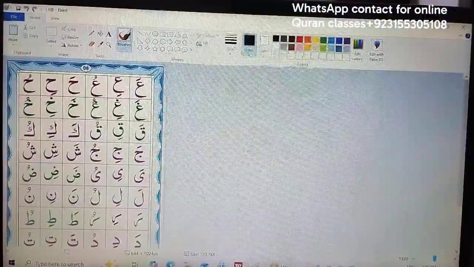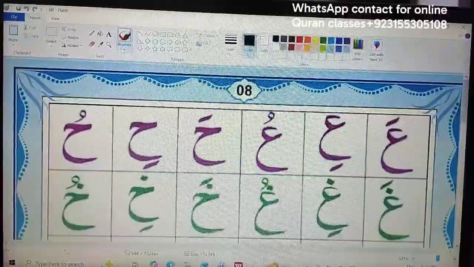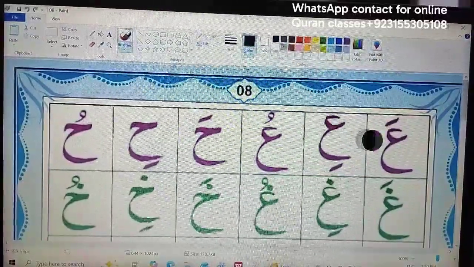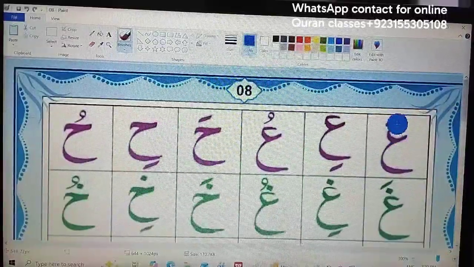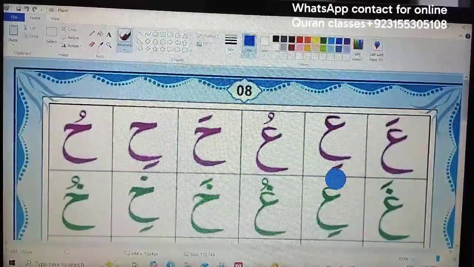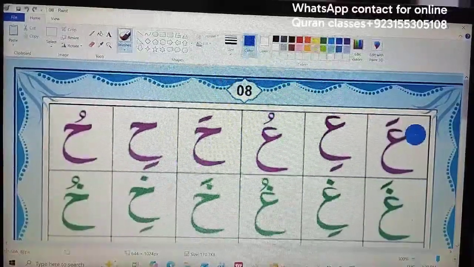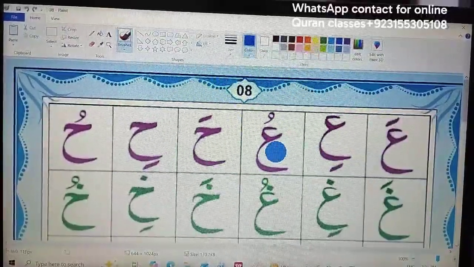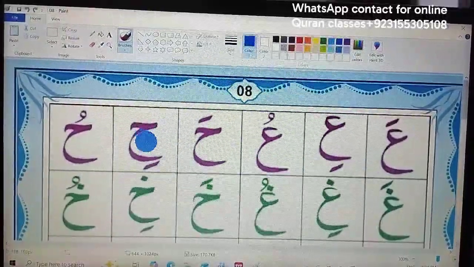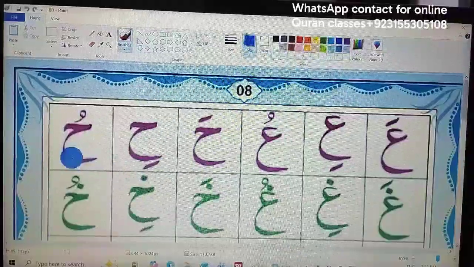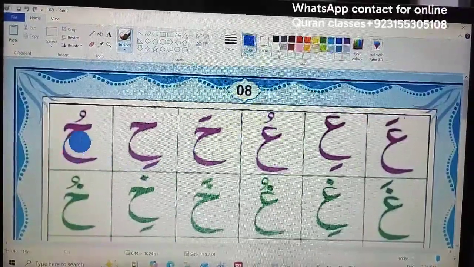This is the next page of the same letters with the movements also. These are ain, fatha, ain, kasra, ain, dhamma, a, i, o, ha, fatha, ha, kasra, hi, dhamma, hu.